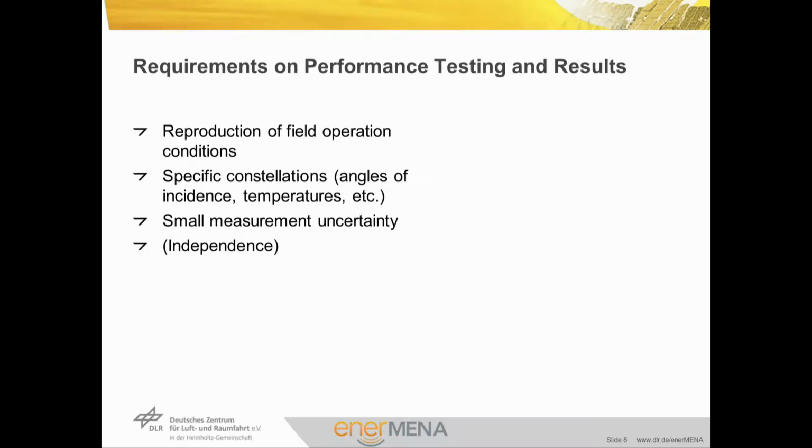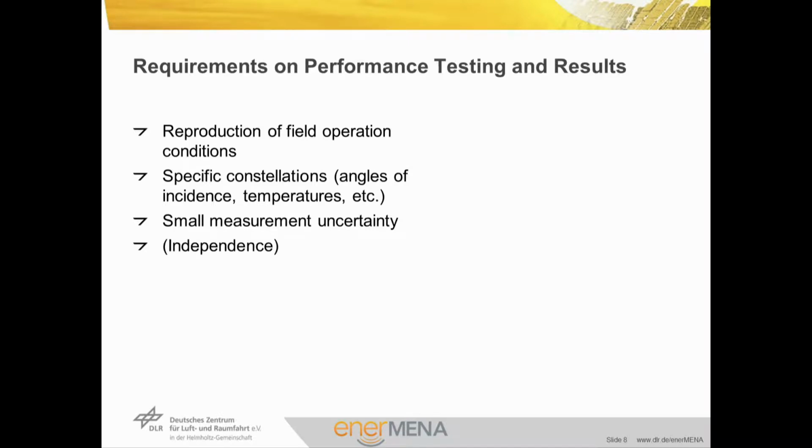It goes without saying that, among others, actual operation conditions of the latter application are to be reproduced during testing. This mainly applies to fluid temperatures, levels of irradiance, flow rates, and angles of incidence. Furthermore, in order to facilitate later parameter identification, specific constellations of operation conditions are needed. As mentioned before, small measurement uncertainty is essential to generate meaningful test results.